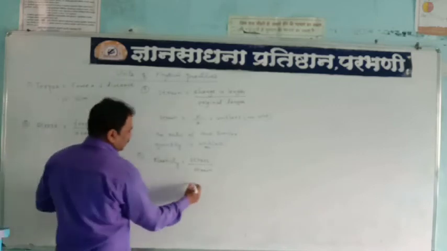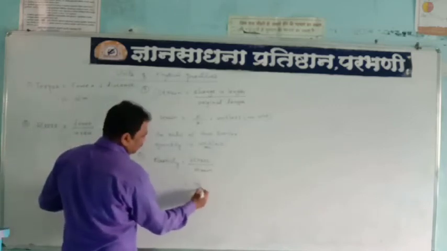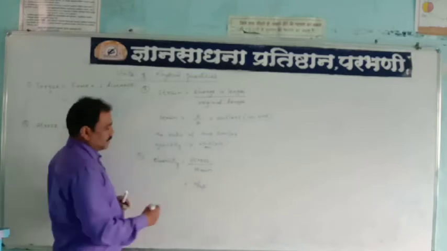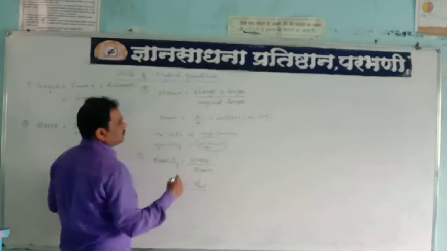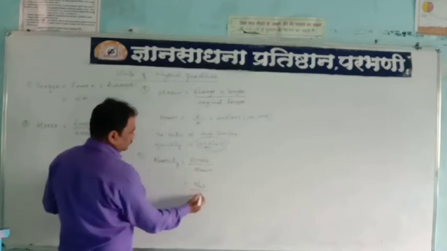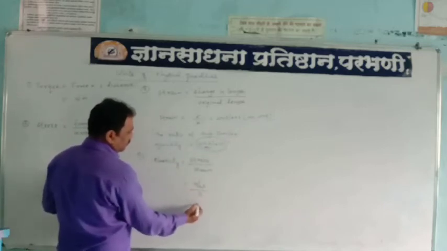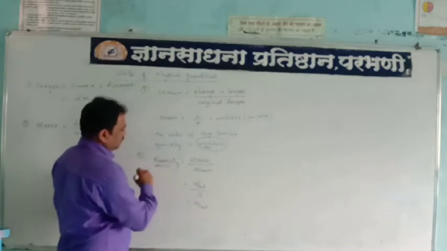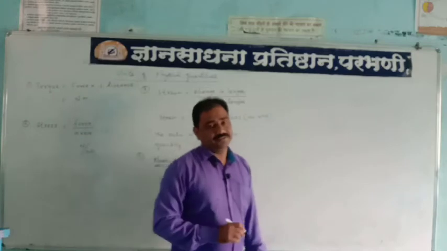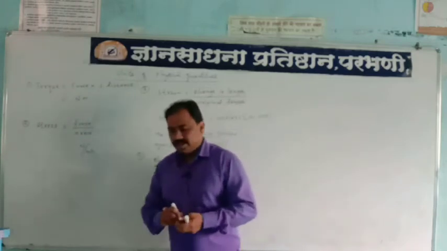That is Newton per meter square. Upon strain, it is unitless, means it has no unit. So therefore only Newton per meter square, that is the SI unit for elasticity.